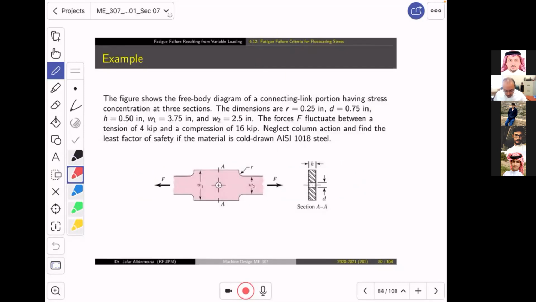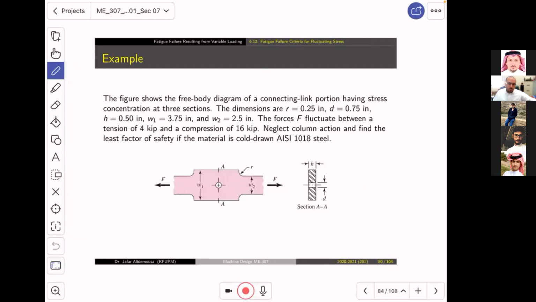So we will now start a quick example. I hope we can have time to do it. This is a very interesting example. It doesn't involve positive mean stress. I intentionally made it here to teach you how to deal with notches at the same time with negative mean stress.